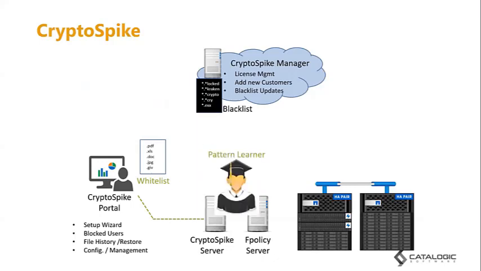And then probably the coolest thing about the product for me is the pattern learner. So we've attempted to block the ransomware at the front door with all known types of ransomware and patterns with the blacklist. There's a lot of known patterns, there's a lot of known file types that are sat on there. But the pattern learner itself, obviously, because we're monitoring all SMB transactions, starts to understand what a specific pattern is for a user.